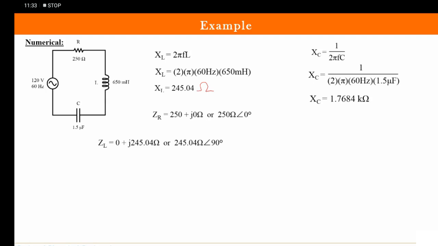So we have 0 plus j245.04. When the same is converted into polar form, we have 245.04 and angle 90. Now how did I write 90 degrees directly? Because I know that it is an inductor, and here we have the angle of 90 degrees.